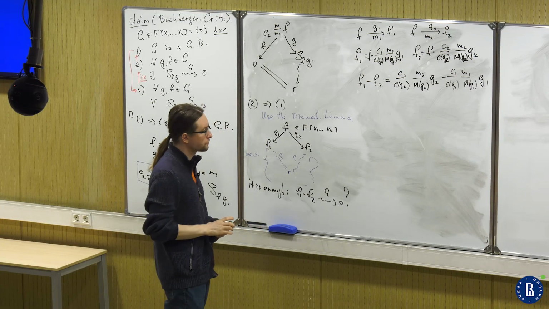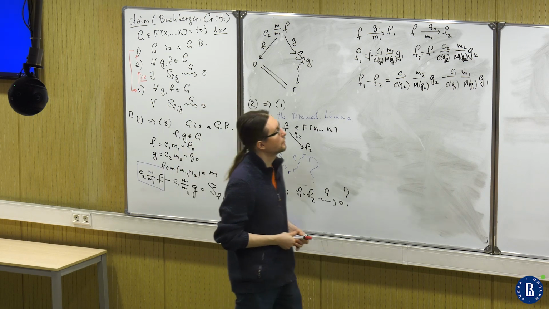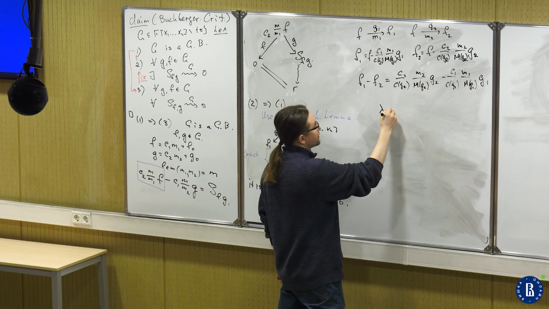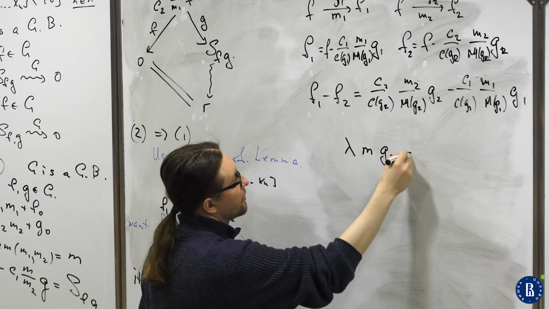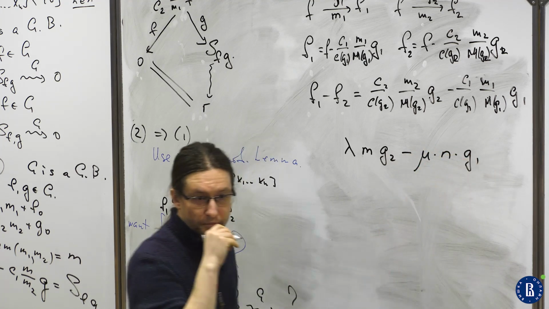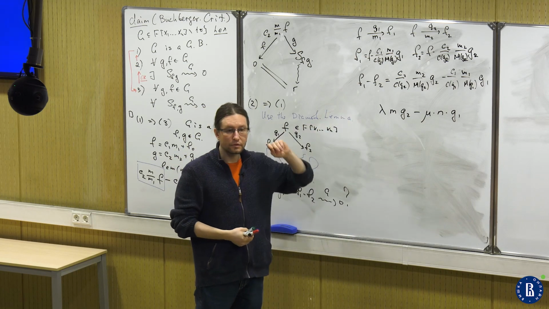Hooray! So the difference has the following form. It's a coefficient times monomial times G2 minus coefficient times monomial times G1. So this is what the difference looks like.